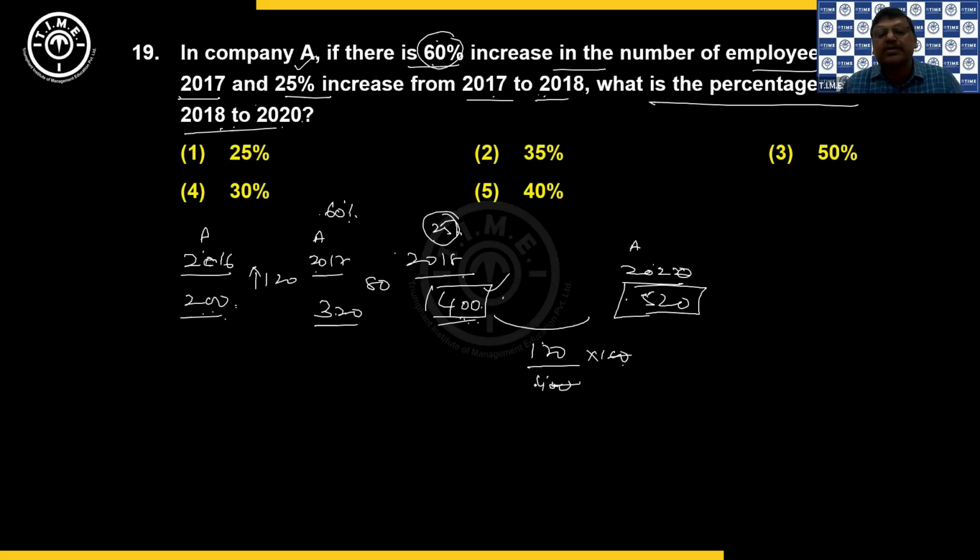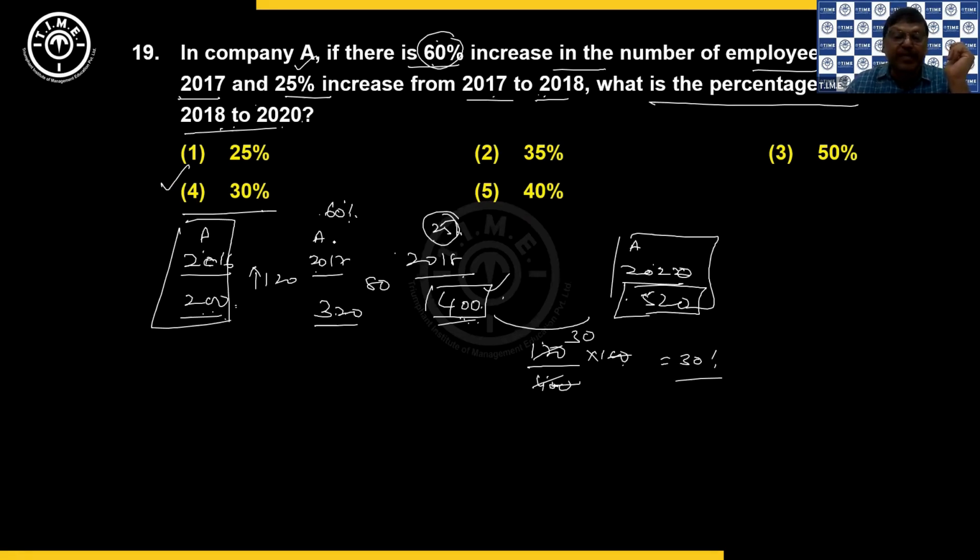You can see, students, 30% is the increase. Am I clear? Right. 16 data we know, 20 data we know from the graph. In between, what happened in 17 and 18 is given, so that we are asked to find out what happened between 18 to 20 growth. We are calculating, right?